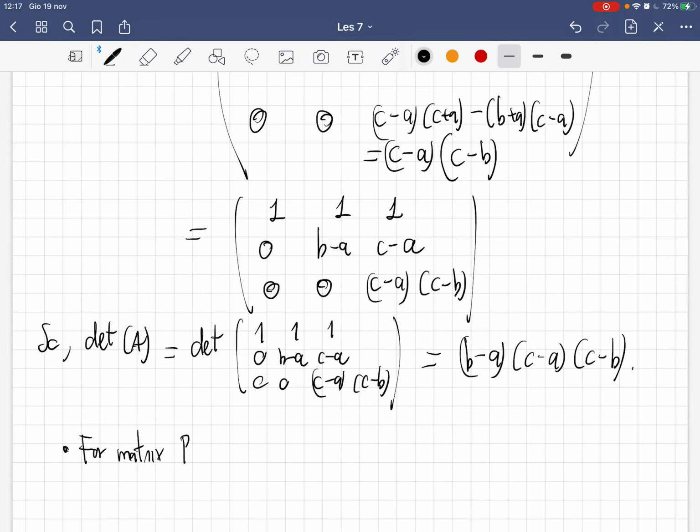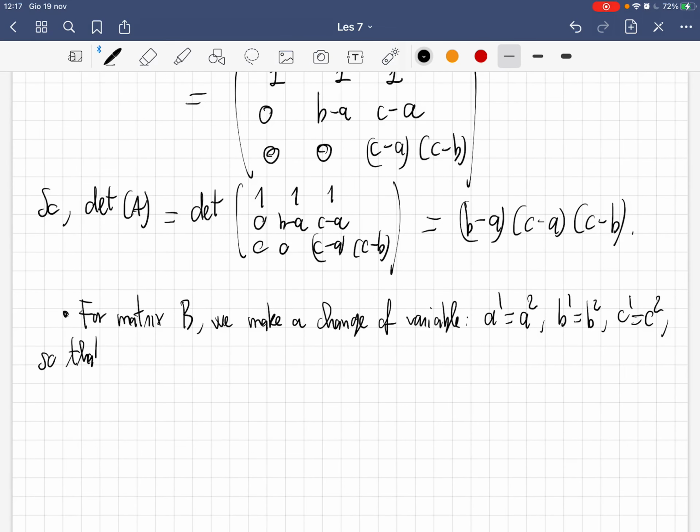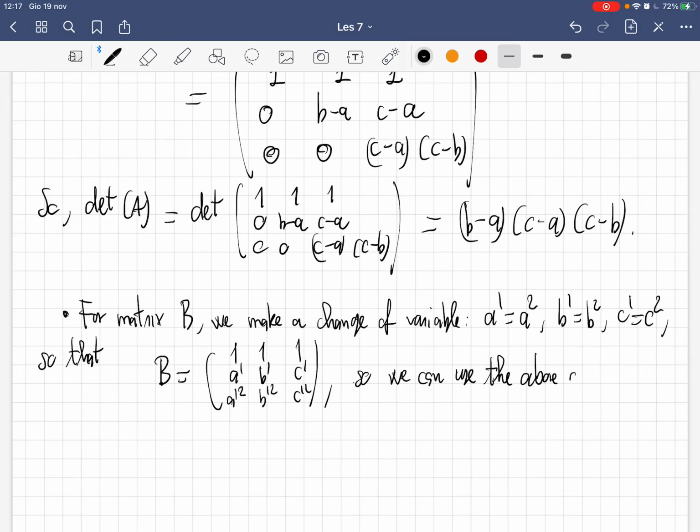For matrix B, we make so that this is kind of easy, so you can use the above. And conclude.